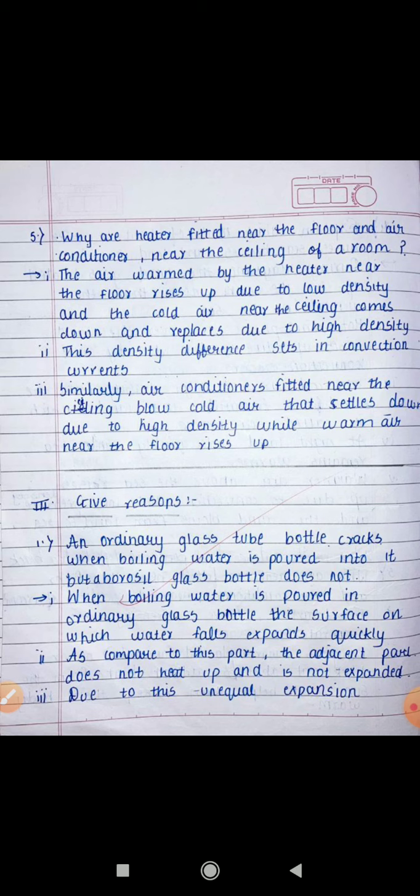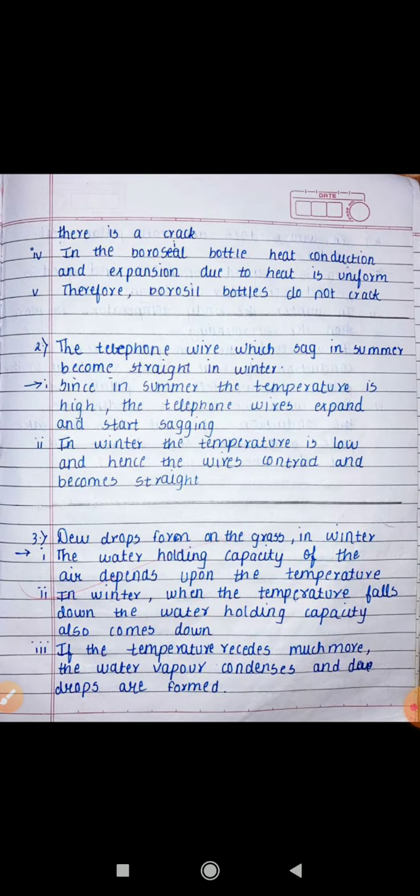Next, give reasons. An ordinary glass bottle cracks when boiling water is poured into it, but a Borosil glass bottle does not. So please take a screenshot of the same page. Let's continue. The telephone wire which sags in summer becomes straight in winter.